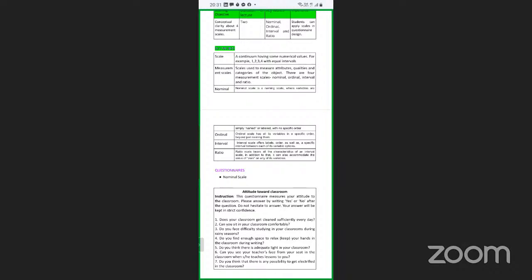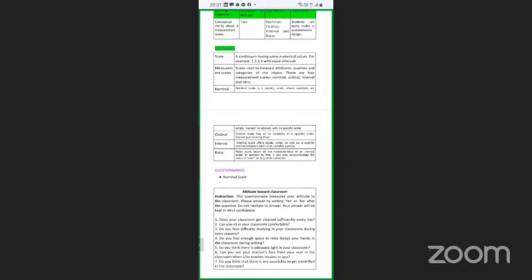Next is the interval scale. Interval scale offers labels, order, as well as a specific interval between each of its variable options. So in case of the interval scale, we can find the order 1, 2, 3, 4, 5.